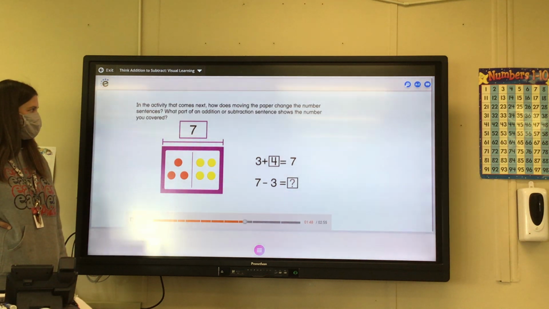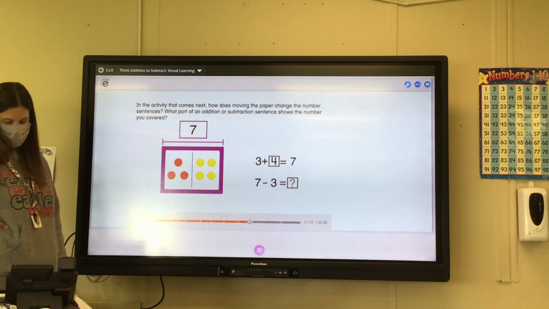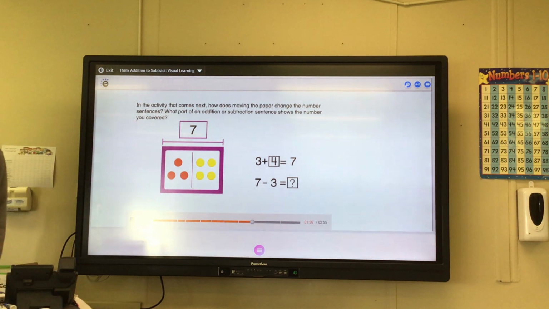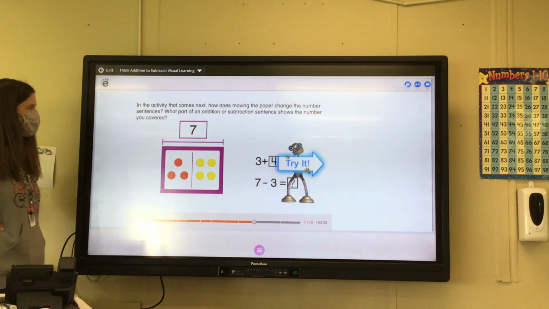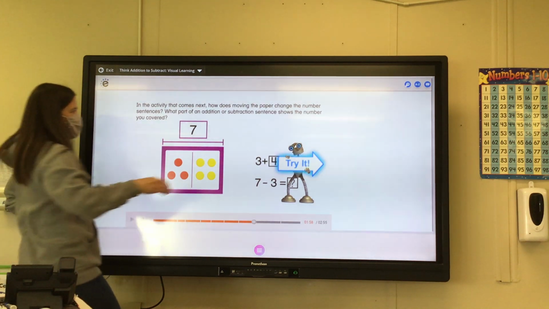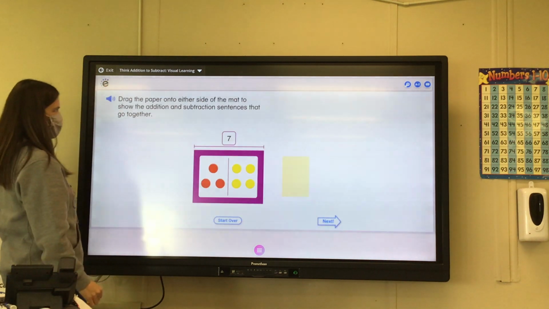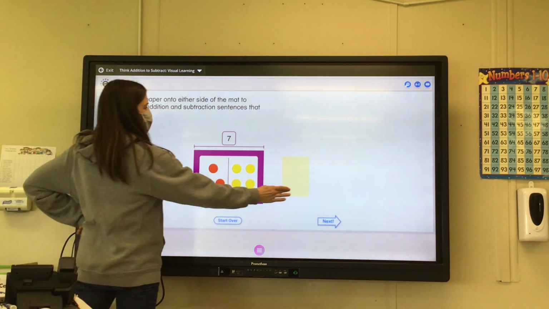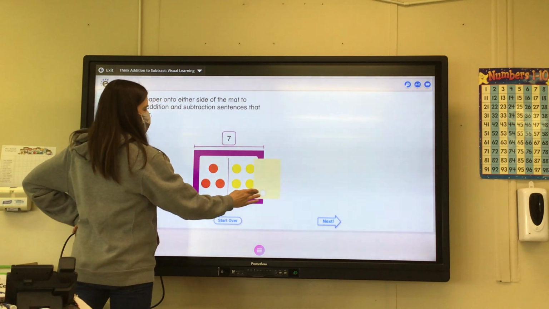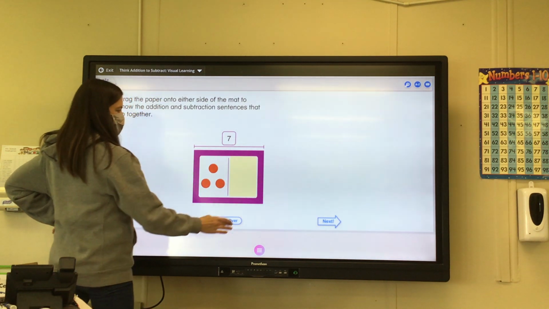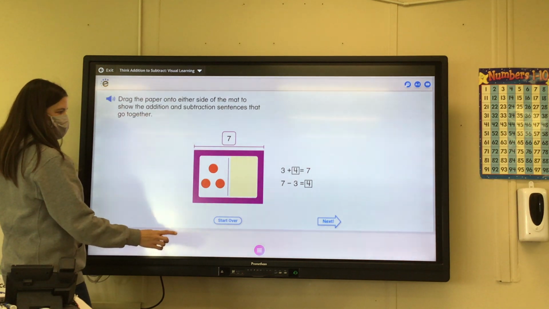In the activity that comes next, how does moving the paper change the number sentences? What part of an addition or subtraction sentence shows the number you covered? All right, let's try it. If I go like this, 3 plus 4 equals 7.